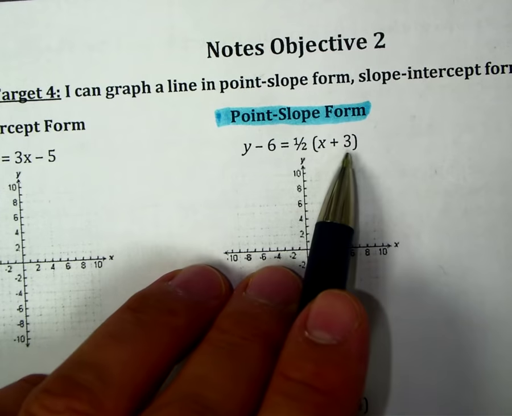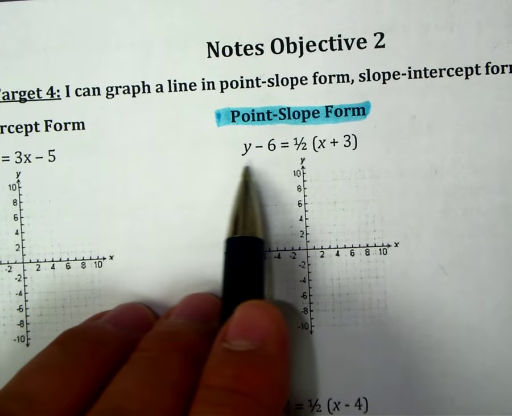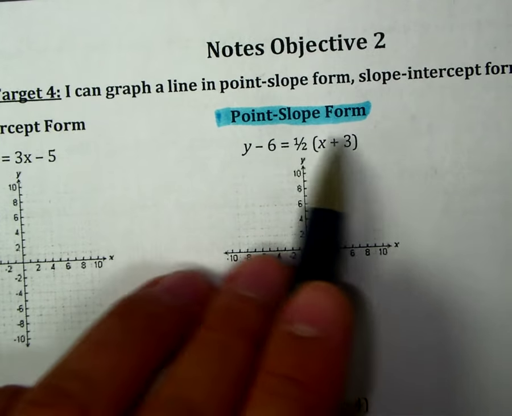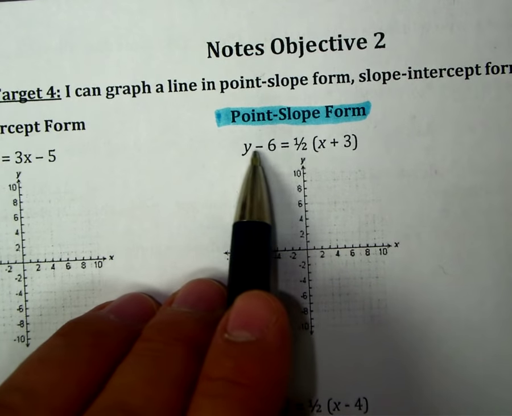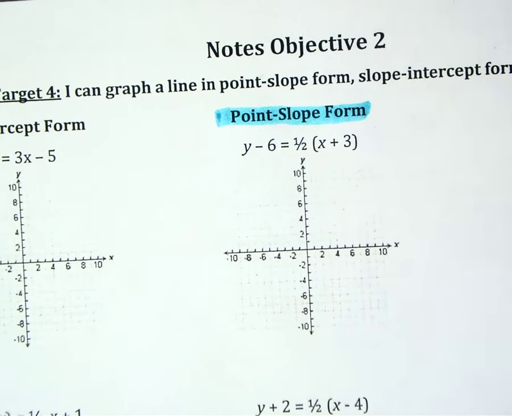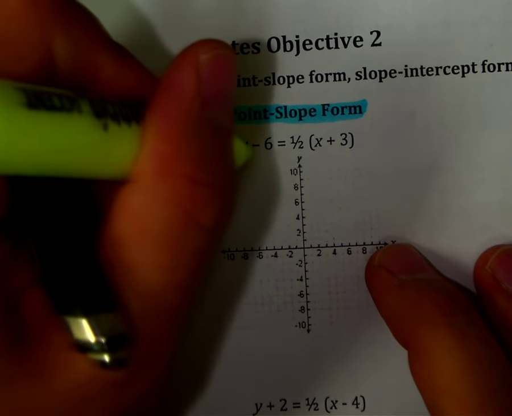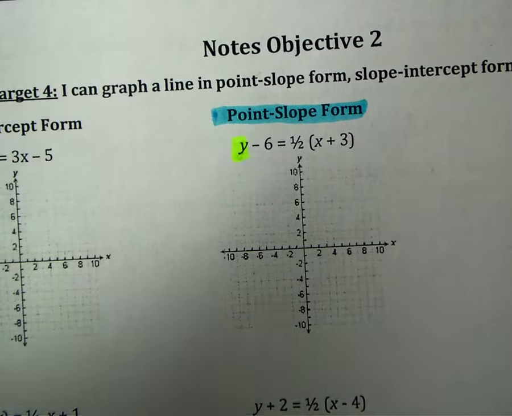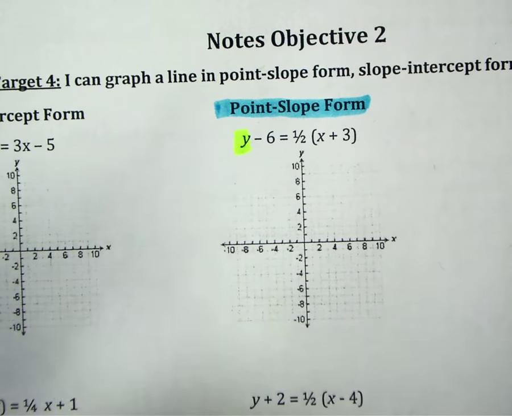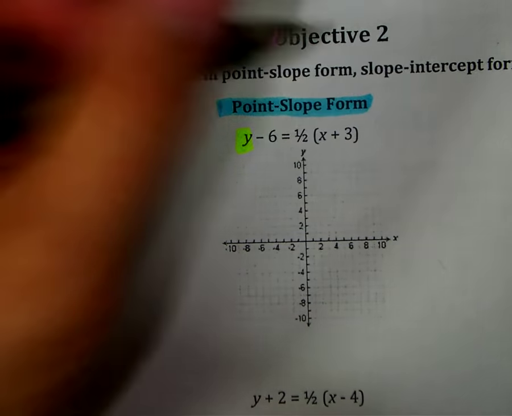So we're going to take this equation right here, and since we've got the y already on one side, but it's not quite by itself, we are going to solve this for y so that we can put it into our calculator as a function.